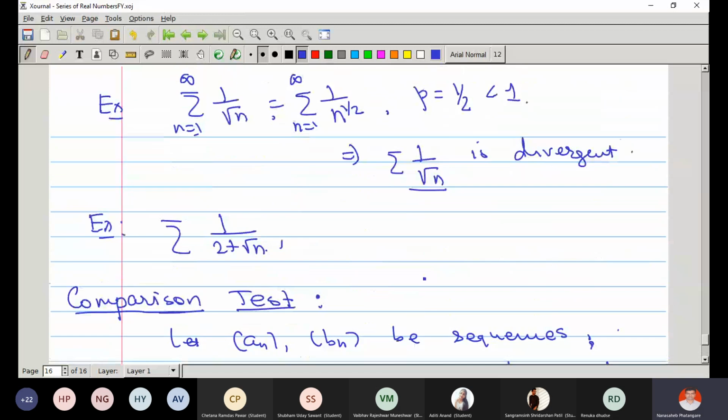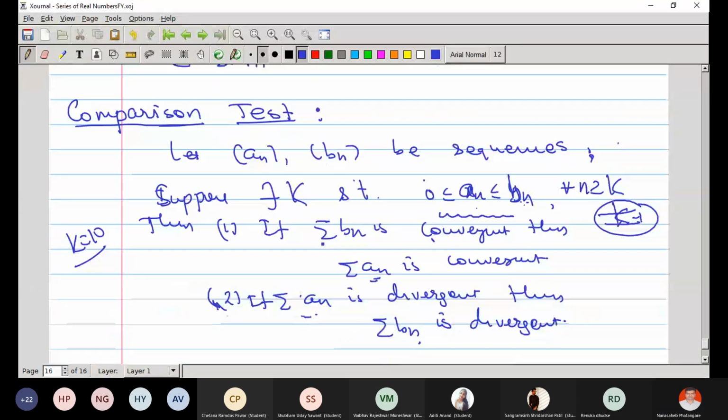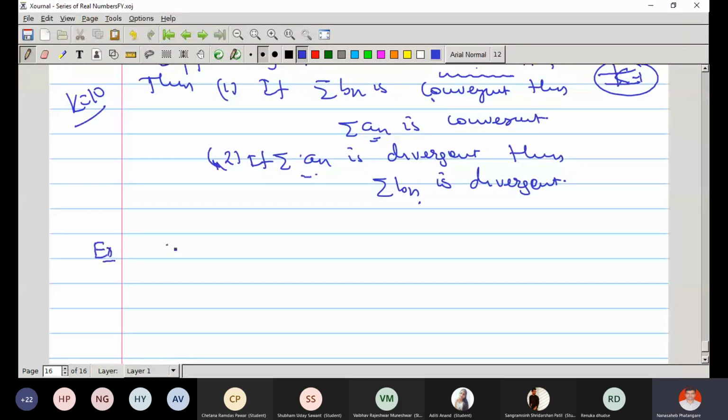Correct? So if you look at this, let us take this below: 2 plus root n. Now 2 is constant, and root n plus root n, which quantity is larger?